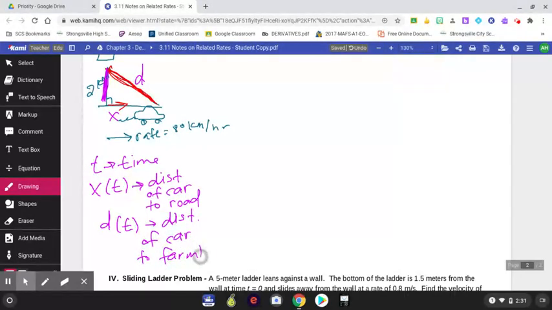So you've got to keep those two separated in your mind, what they represent, which is why I like to draw a picture. Because when I draw a picture, I know what variable goes with which length, the hypotenuse or the lower leg.